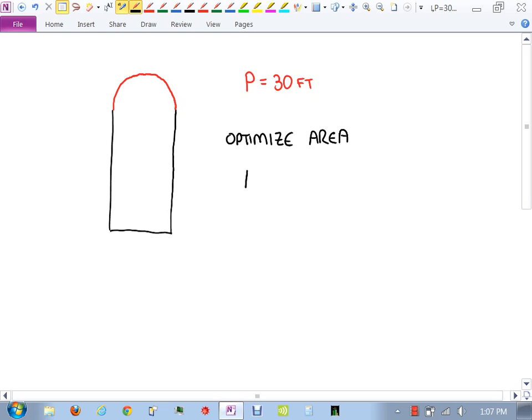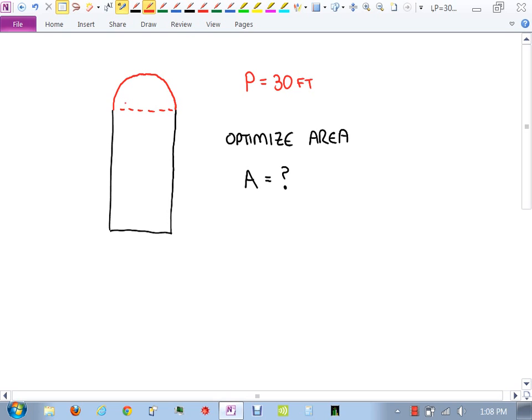So that means I need a formula for the area of this window. We're going to need to combine the formula for a circle with the formula for the area of a rectangle. So I'm going to back up to my Norman window and start to label some things.